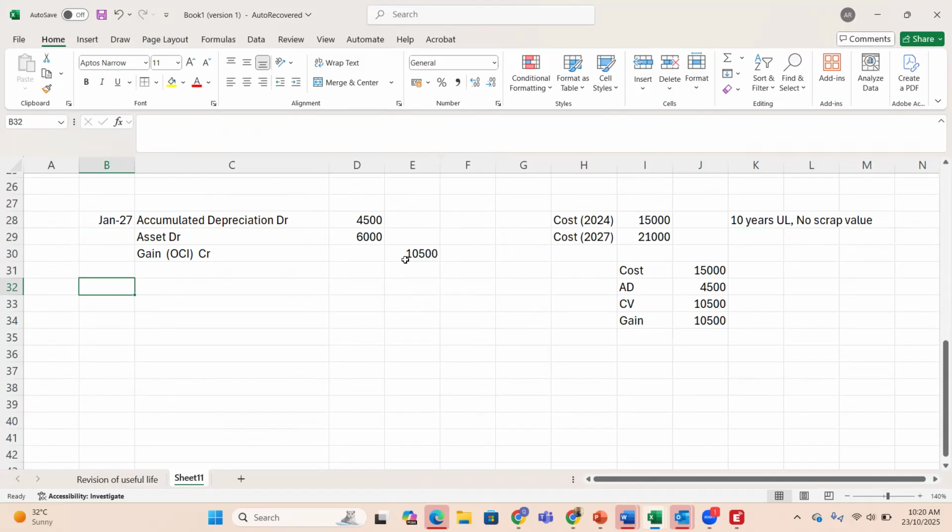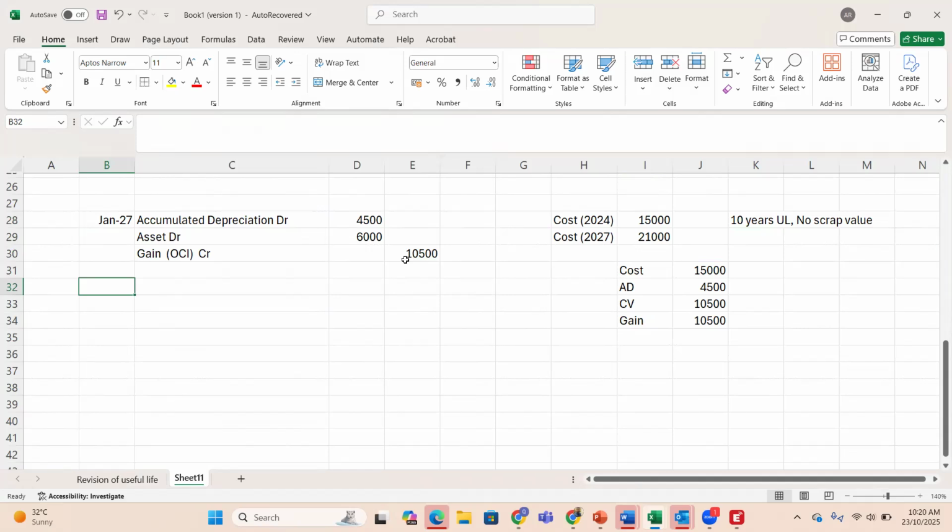You understand? You can transfer this to retained earnings. So this is going to be there in the SOCE, right? Revaluation surplus. But why is it there if we are not doing any revaluation before?